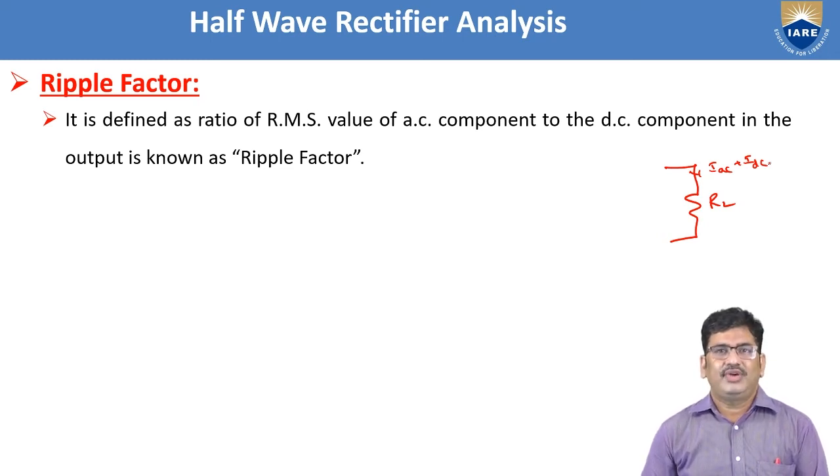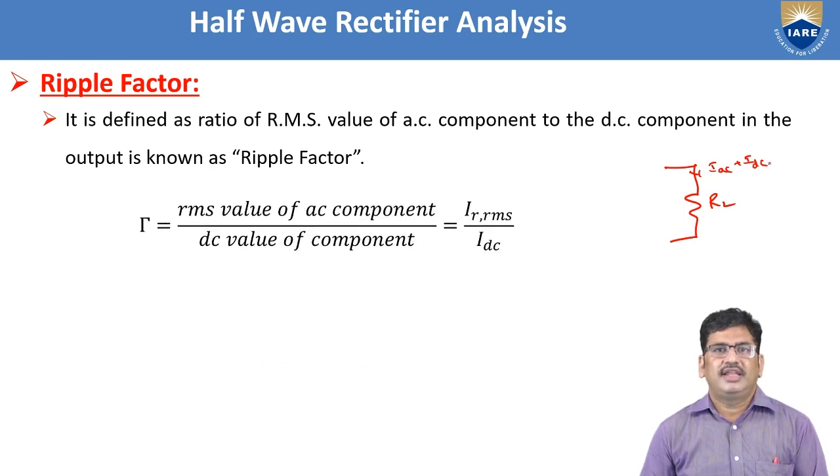Now we will see the ripple factor of a rectifier. It is given by the expression: ripple factor is equivalent to the RMS value of the AC component divided by the DC value of the component. Here I am considering the component as the current component. So the ripple factor is given as Irrms divided by IDC.